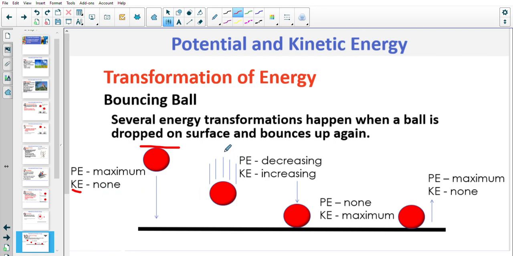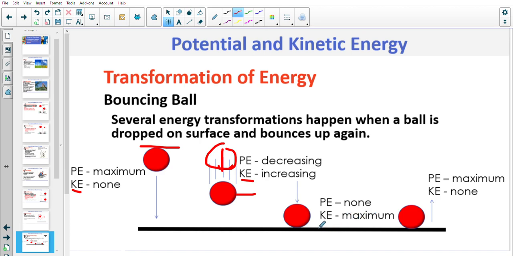As it starts to go down, the potential energy is decreasing because up here it had a lot more potential energy. Down here it's already lost half of its potential, and the kinetic energy is increasing because it is picking up speed. When it hits the ground, at the moment of impact, it has no more potential energy. The kinetic energy has reached its maximum.